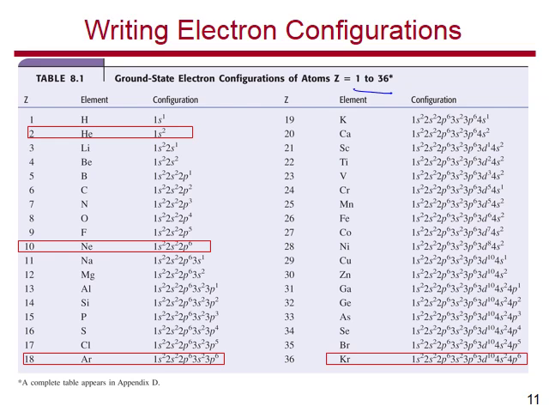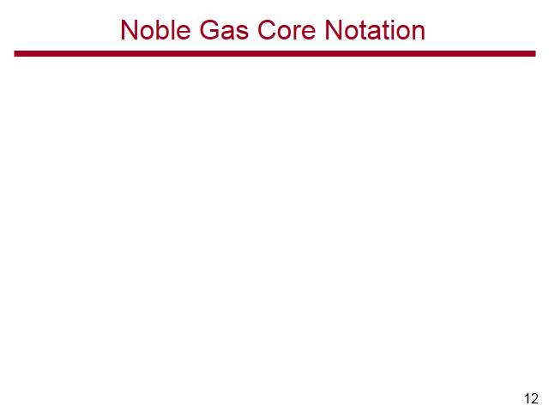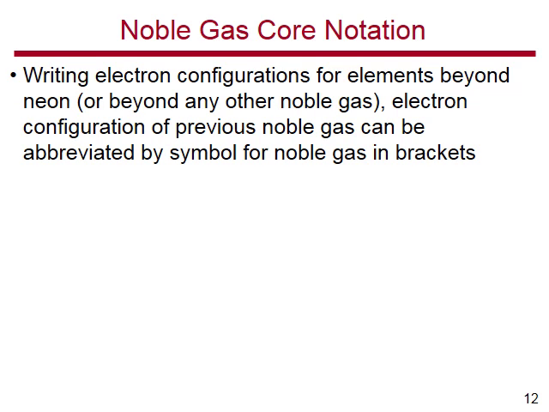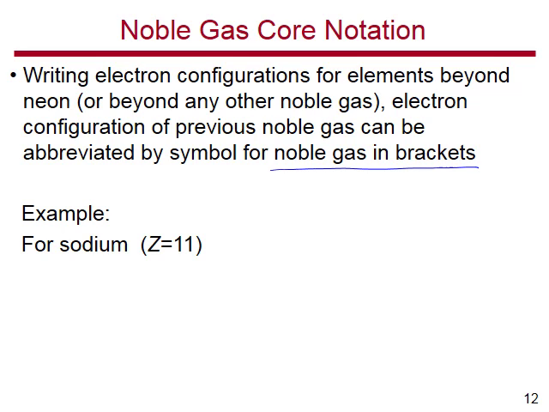Now, why do we care about the noble gas configuration? Well, that's because there is something called the noble gas core notation. For elements beyond neon with many subshells, it's convenient to abbreviate the electron configuration with symbols for noble gases in brackets. For example, let's write down the electron configuration for sodium. The atomic number of sodium is 11, so the electron configuration will be 1s2, 2s2, 2p6 and 3s1.